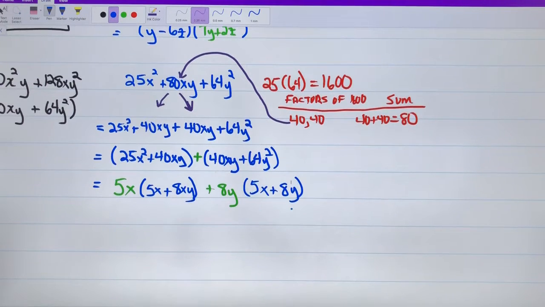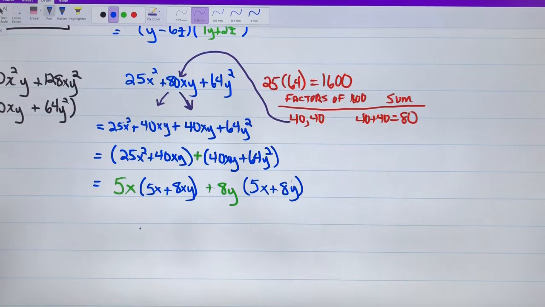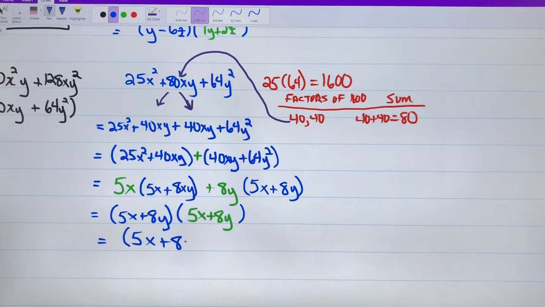So the factorization of the trinomial is 5x plus 8y times the quantity of the outside terms, which is also 5x plus 8y. We have a repeat of linear factors, and we can put this in condensed terms as 5x plus 8y quantity squared.